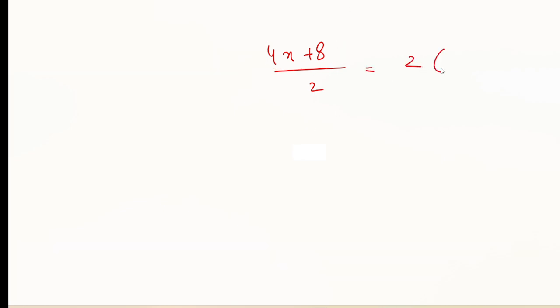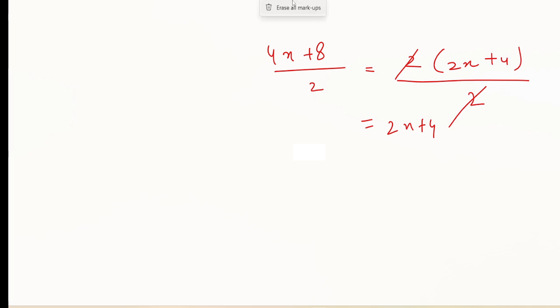So I'll write 2 there, and inside, if I take common 2, I'll be left with this inside the bracket, and I have the denominator 2. So this cancels out, so the answer would be 2x plus 4, right? So this is how I solve it.